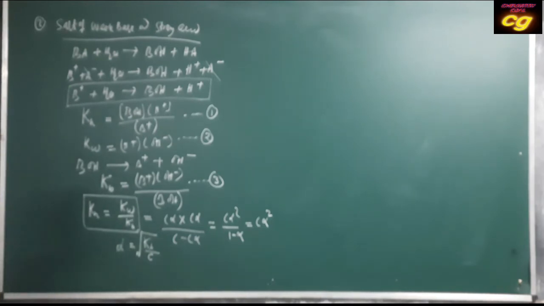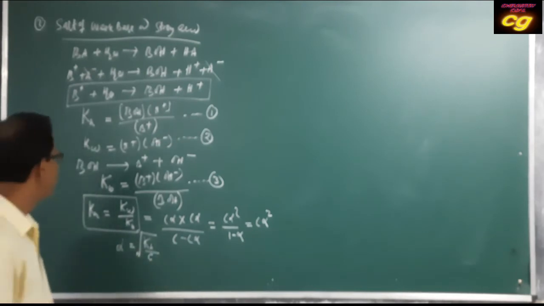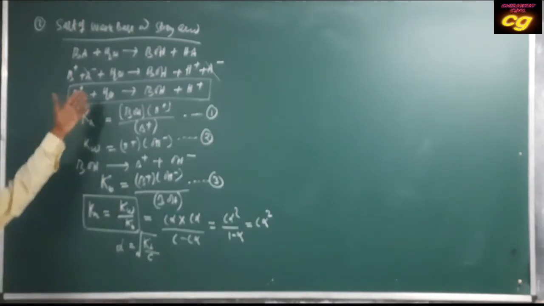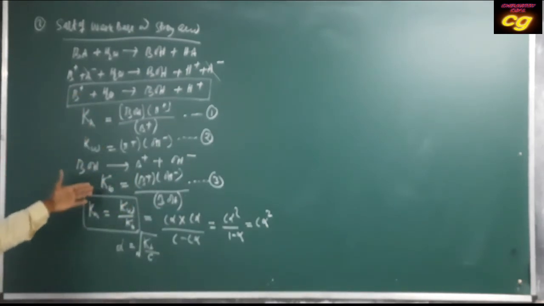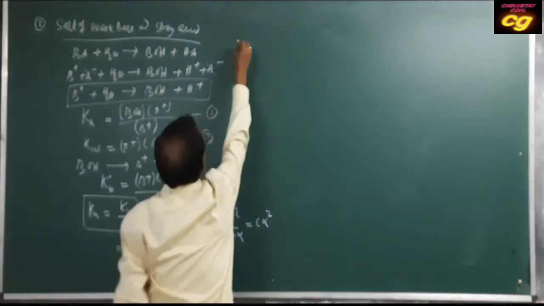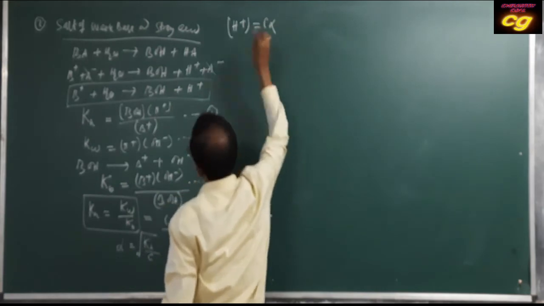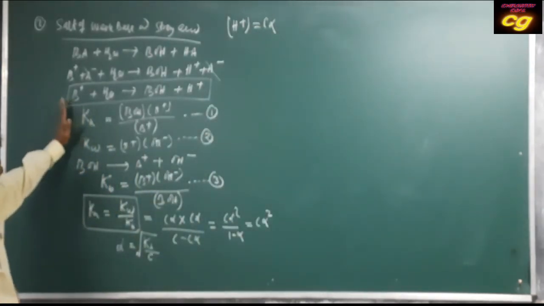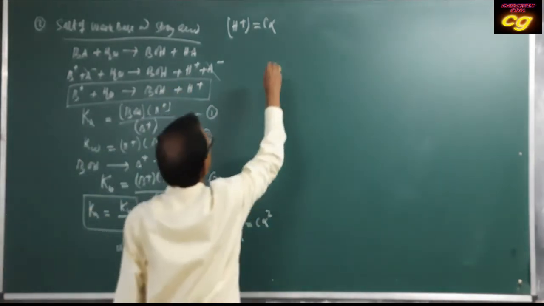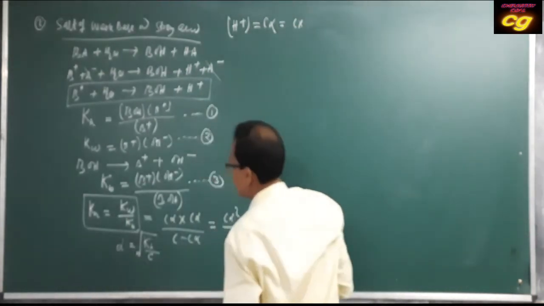This is the alpha calculation like your previous derivation, alpha is equal to Kh by C. Here one important thing is that the equation shows H plus is already present in the formula. So H plus ion concentration is equal to C alpha. As per the equation, C minus C alpha, C alpha, C alpha, H plus is equal to C alpha.